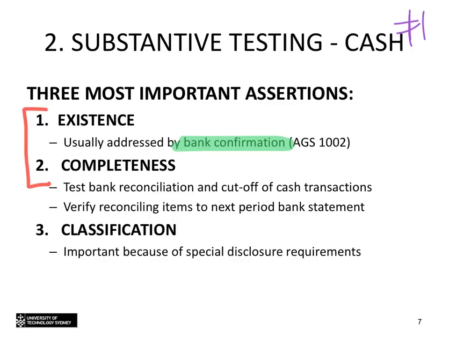Now of course, this does rely on a good banking system. So a bank confirmation in Australia is really reliable evidence. A bank confirmation from a bank in Zimbabwe, or something from a country that's experiencing a lot of civil strife.